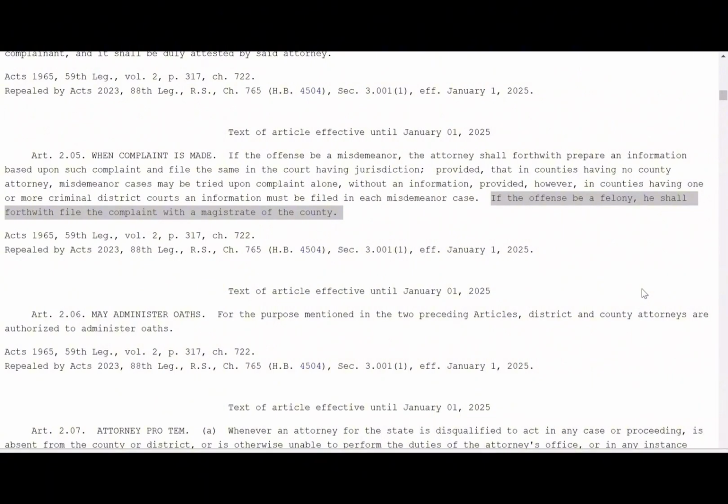However, in counties having one or more criminal district courts, an information must be filed in each misdemeanor case. If the offense be a felony, he shall forthwith file the complaint with the magistrate of the county.